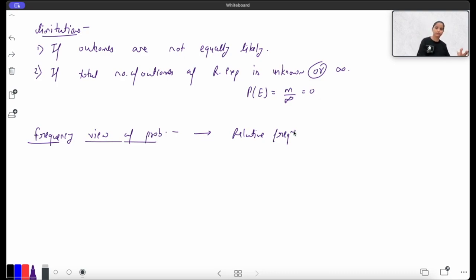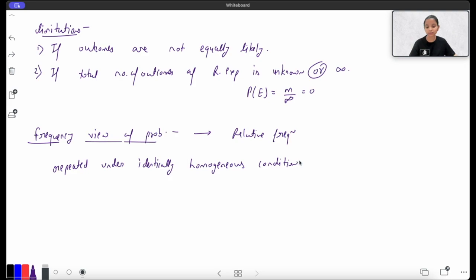In this view of probability, we say that if an experiment is repeated under identically homogeneous conditions, then the limiting value of m by n as n tends to infinity is going to be the probability of the event E in n independent trials.